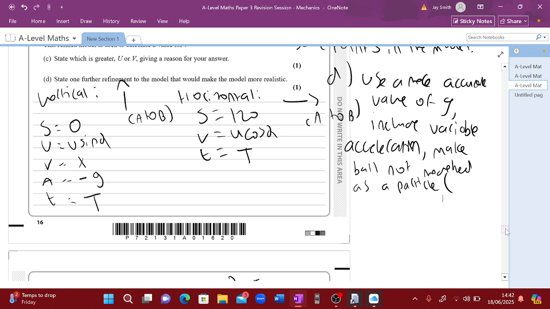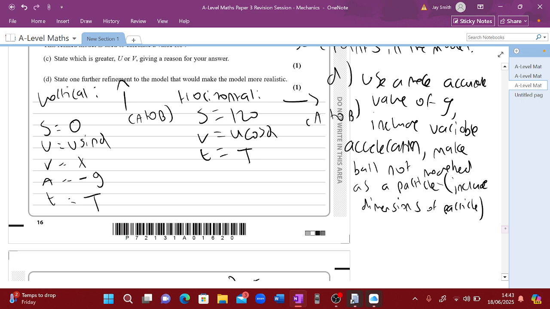It really just changes the model, which is realistic because obviously a ball would be 3D, right? You can't have zero dimensions. So include dimensions essentially. And that would also mean the mass potentially wouldn't be centered, because for the particle the mass is all centered at that single point, whereas the mass might vary across the ball in reality.